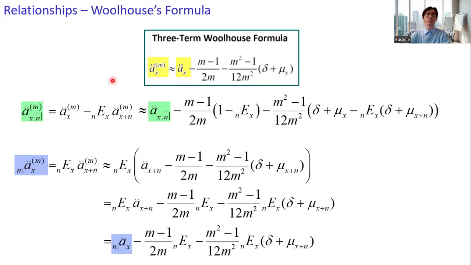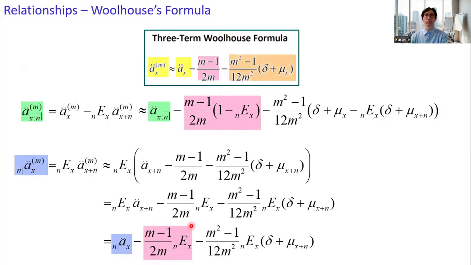And then the second term, for the n-year annuity due, this is multiplied by 1 minus nEx. And for the n-year deferred annuity due, the second term is multiplied by nEx.